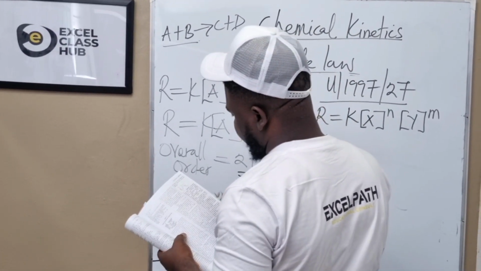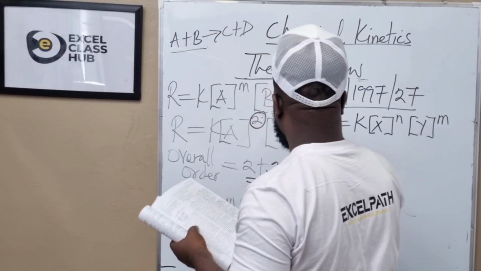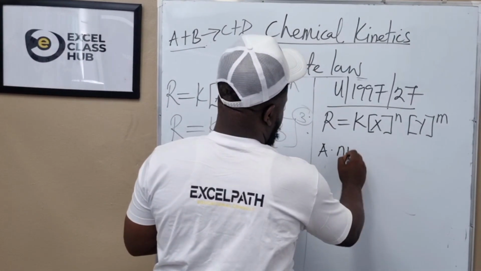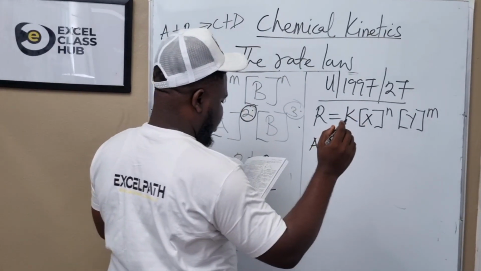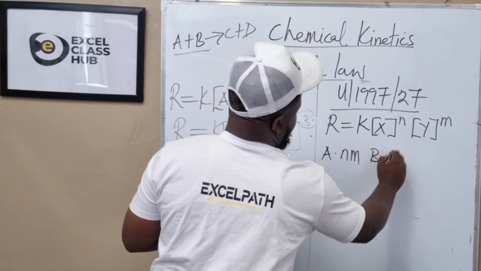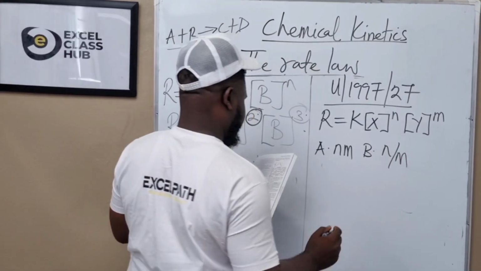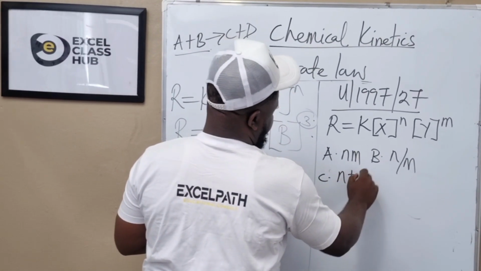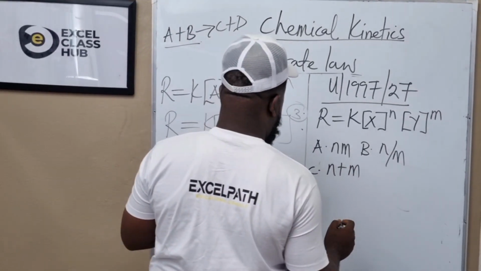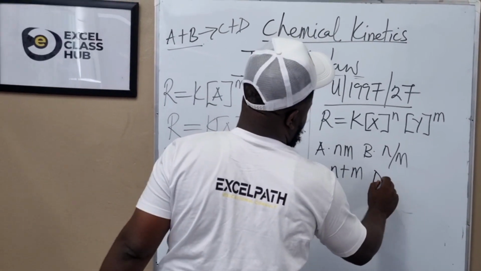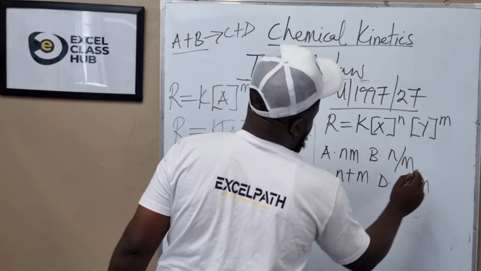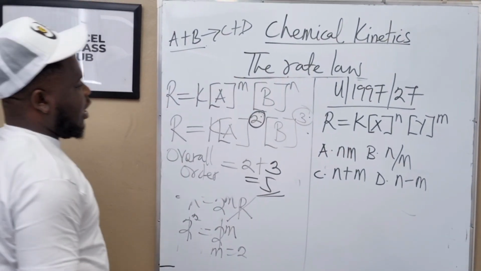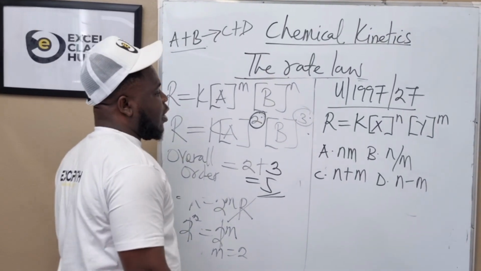So the question says, what is the overall order of the reaction? Option A says NM. Option B says N over M. Option C says N plus M. Option D says N minus M. So we were given this rate law, and the question is asking what is the overall order of the reaction?